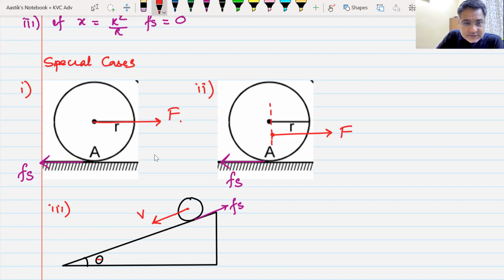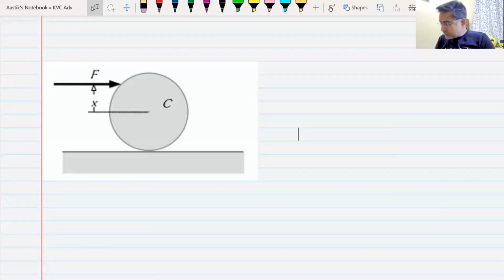So let me start with this one. Let us say this is a ring. We have a body which can obviously roll, and friction is sufficient for rolling.